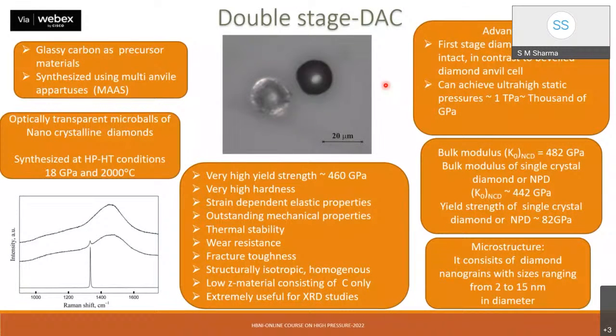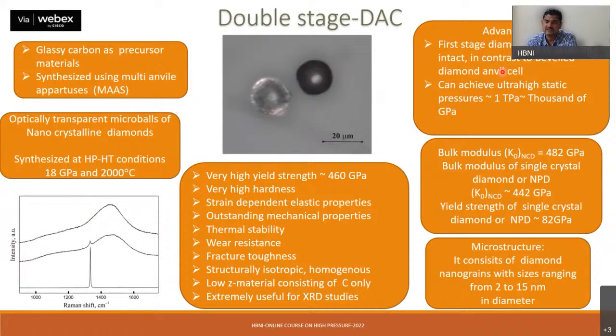So the advantage here is that first stage diamond anvils remain intact. Unlike the beveled diamond anvils or the normal flat diamond anvils, where if you want to go to very high pressures, your diamonds are bound to break. Once you release the pressure, you will not get those diamonds back. They break apart.